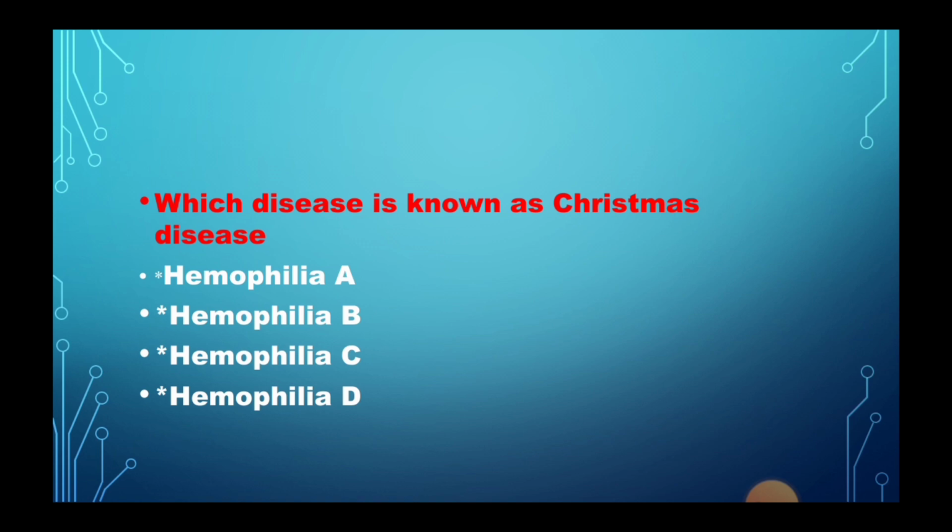It is named after a patient, a 5-year-old child in whom the first hemophilia B was detected. His name was Stephen Christmas. So the disease is known as Christmas disease. So Christmas disease is otherwise known as hemophilia B, in which factor 9 is deficient.